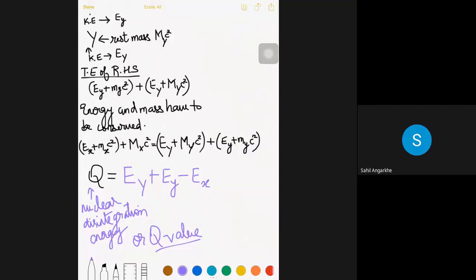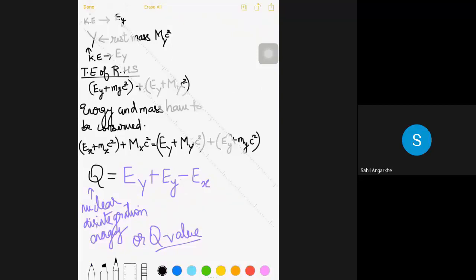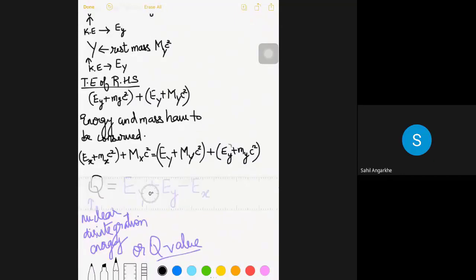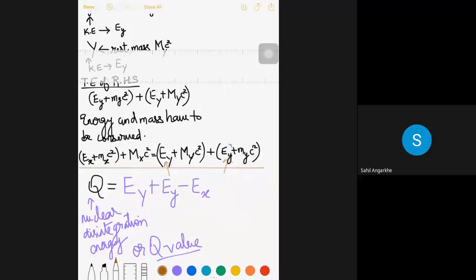Okay, so we will derive an expression for Q now. If you look at the expression here, the one underlined in brown, you will see that we have terms for E small y, E capital Y, and E small x.